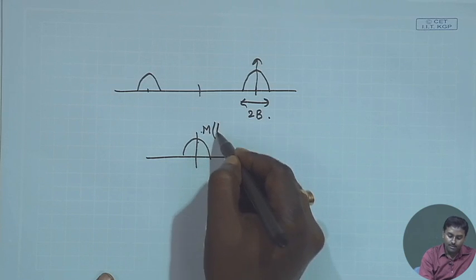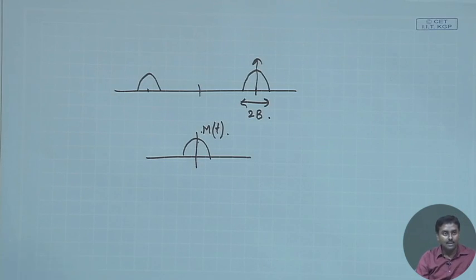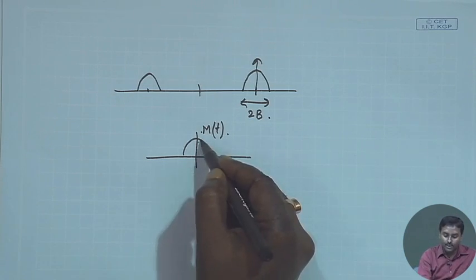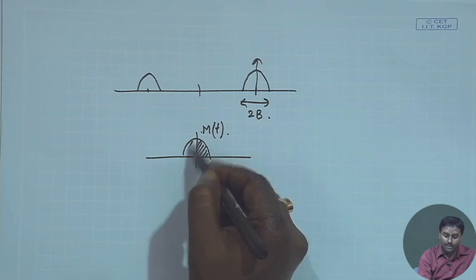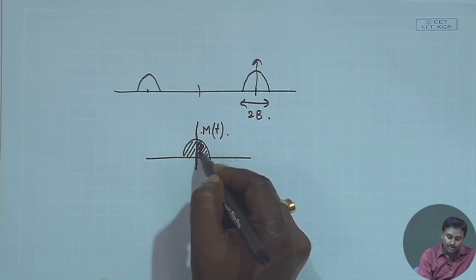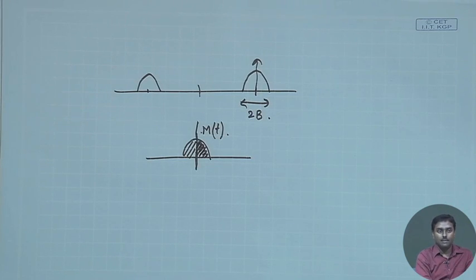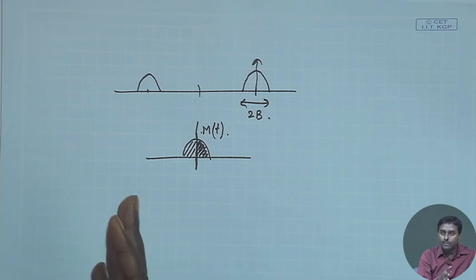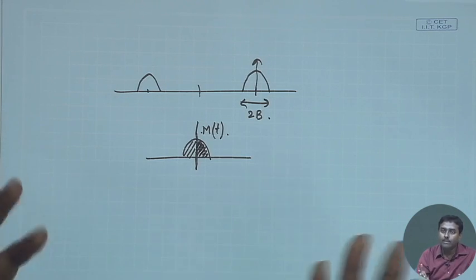This M(f) must be a Fourier transform of a real signal, so it must be even symmetric. Whatever spectrum component you have, in the negative half there will be a symmetric spectrum component. So, I know already that only one half carries the whole information, I do not need the other half. When it was a baseband signal, it was occupying only B band.